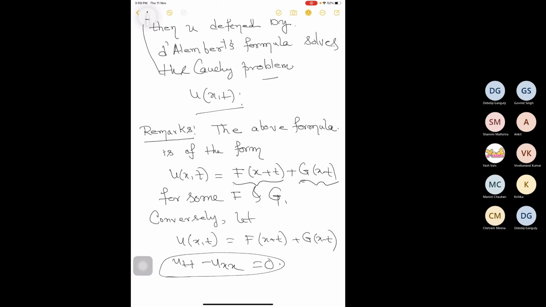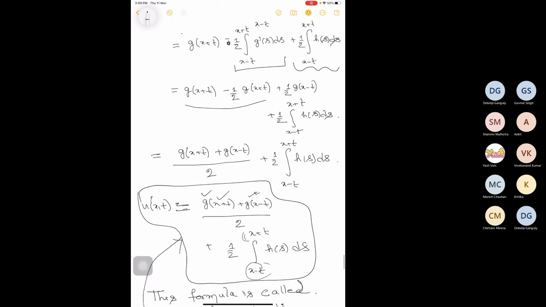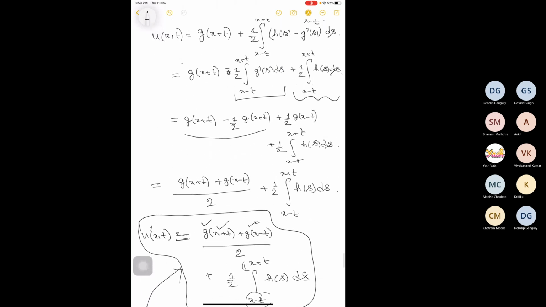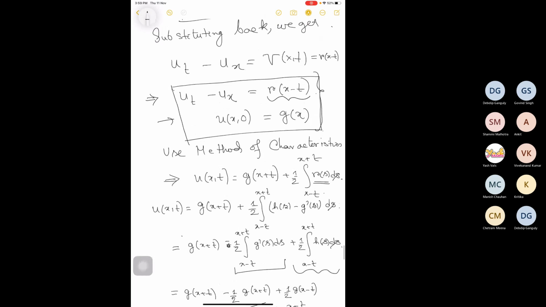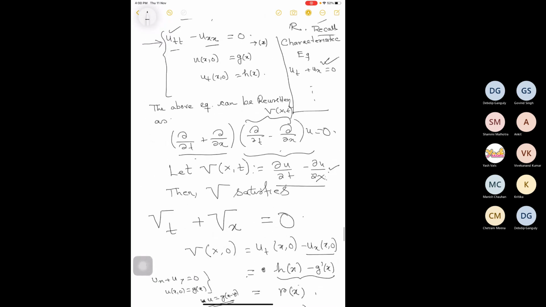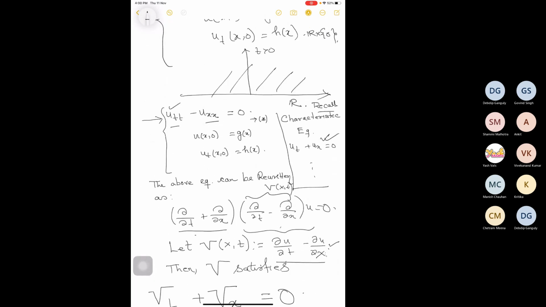So the D'Alembert's formula is giving you the solution in terms of translates, some function of x plus t and some function of x minus t. Okay, so you can completely solve the Cauchy problem using D'Alembert's formula. Is that clear?